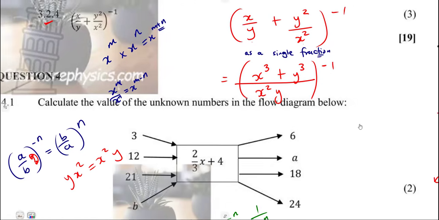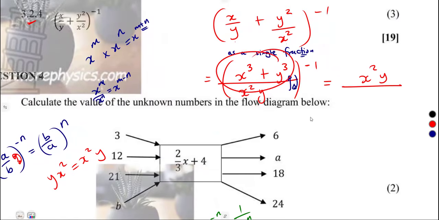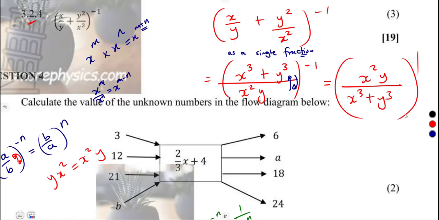So what can we do from this part? As we can see, we have that single fraction which is written in the form of a over b to the exponent of a negative. So we can simply interchange this fraction to get rid of this negative. The numerator is now our denominator, and the denominator is now our numerator, raised to the exponent of 1.